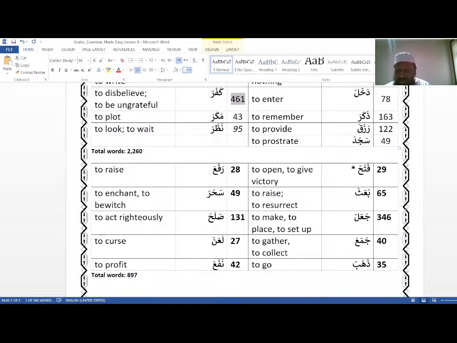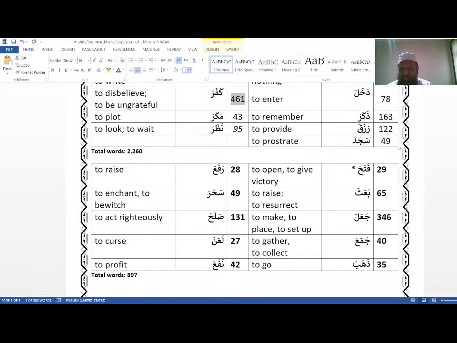Ja'ala, let's conjugate ja'ala: ja'ala, ja'alu, ja'alat, ja'alata, ja'alna, جعلت جعلتما جعلتم جعلتي جعلتما جعلتن جعلت جعلنا. The mutakallim is straightforward, very easy. Once we start, we can continue going on and on.